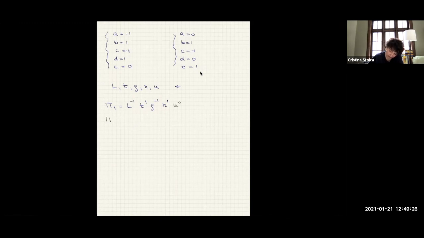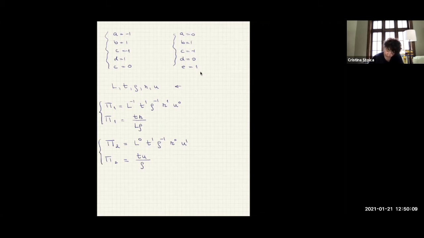So in other words, pi 1 is going to be T R over L rho. What about pi 2? Pi 2 is going to be L at 0, T at 1, rho at minus 1, R at 0, U at 1. So pi 2 is going to be T U over rho.